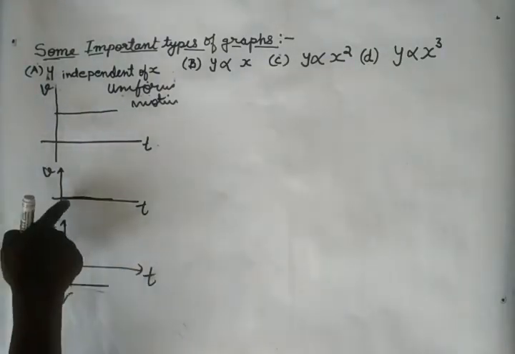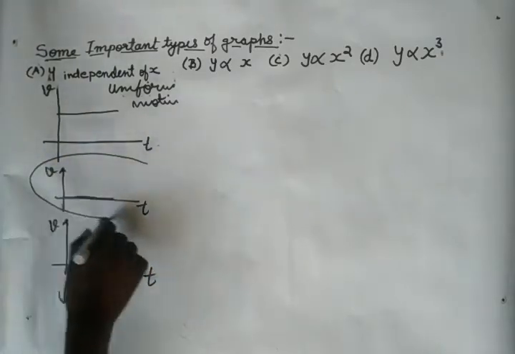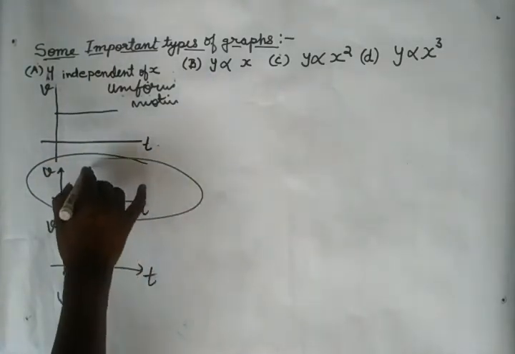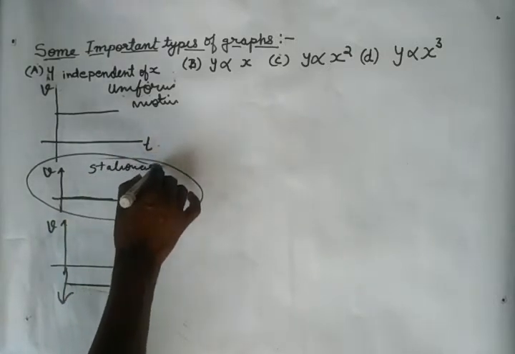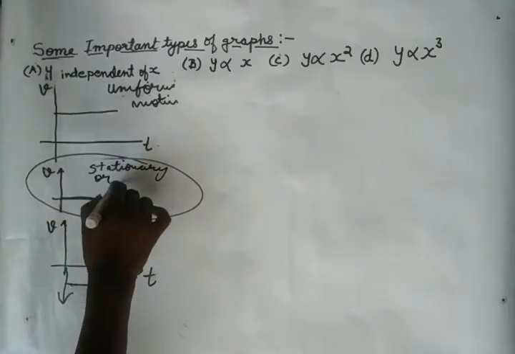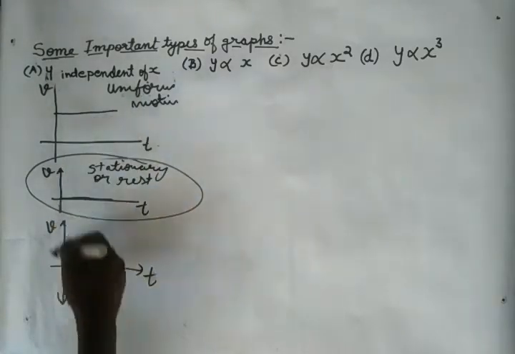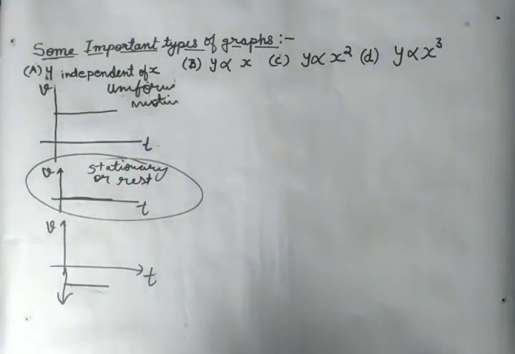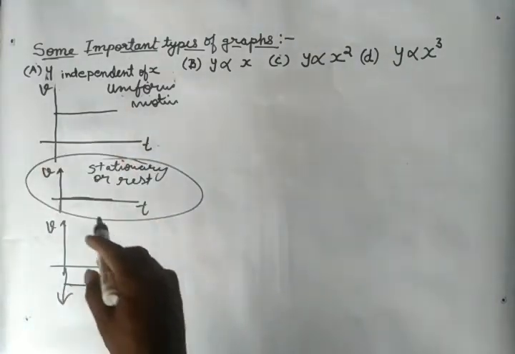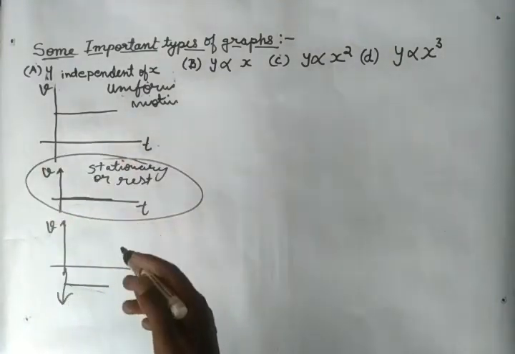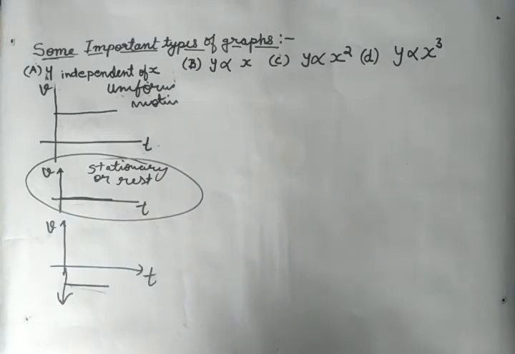Oh, it is looking like it is not the case of uniform motion. It is the case of stationary or rest position. This is only the case. Otherwise, these two are for uniform motion because velocity remains constant, either positive or negative. And this is also constant, but it is zero velocity, and zero velocity means it is at rest position.